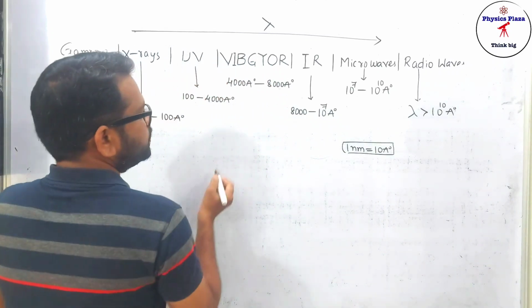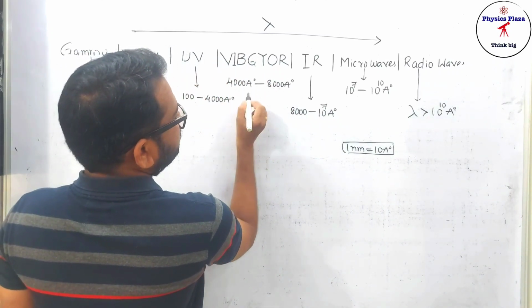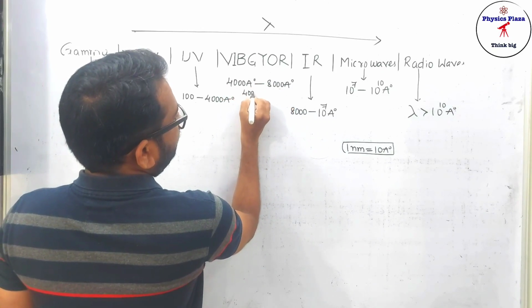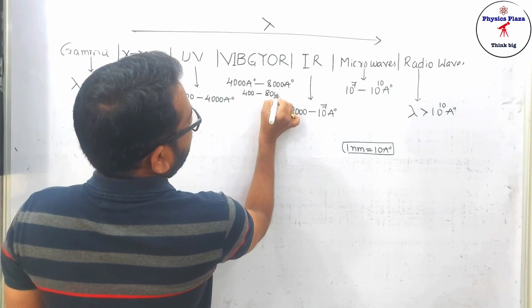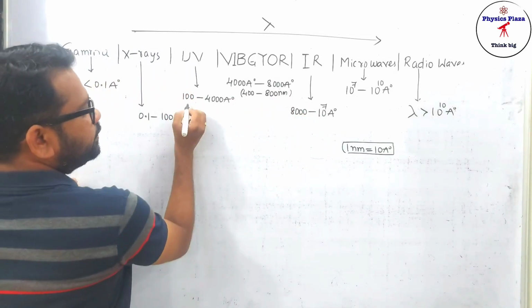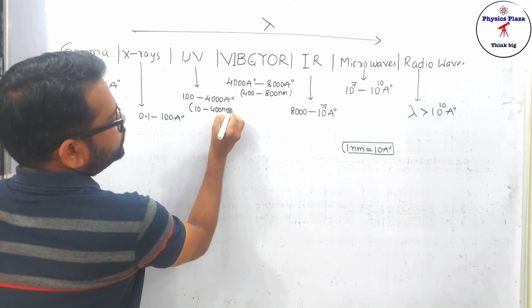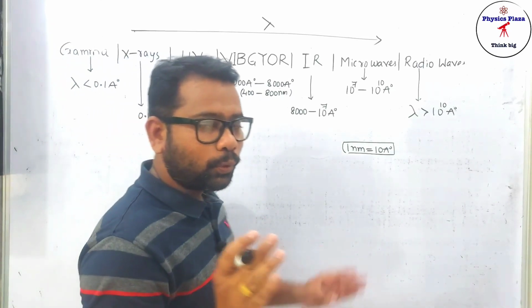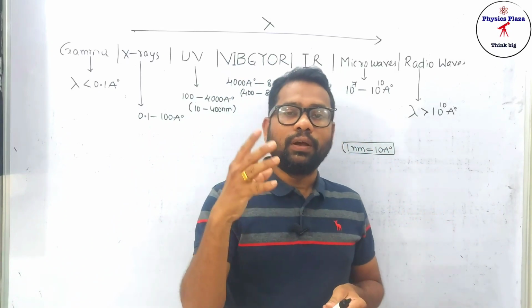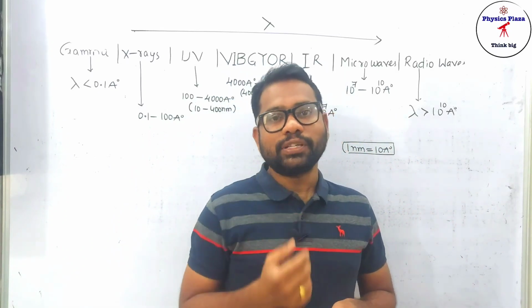Let me give you an example. 4000 angstrom to 8000 angstrom, divide by 10, this will be 400 nanometer to 800 nanometer. That's it. Another example: for UV, it is 10 to 400 nanometer. So it is not a big task. Once you know the wavelength range in angstroms, it's very easy to express it in nanometers also.